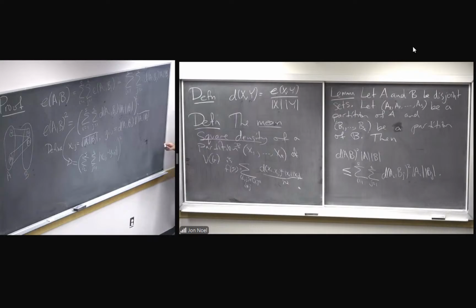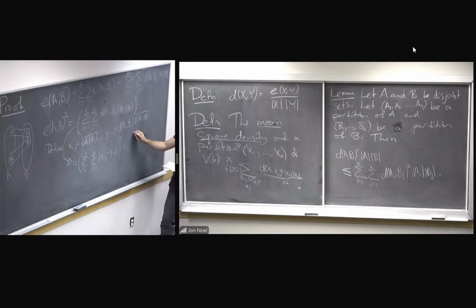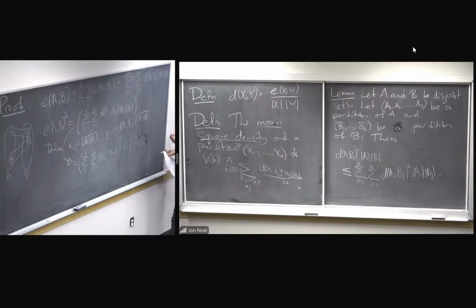If you look in the appendix or back to notes from the beginning of the course, if you have a sum like this squared, I can bound it above by the sum, i equals 1 to s, j equals 1 to t, of xij squared, times the sum of yij squared.